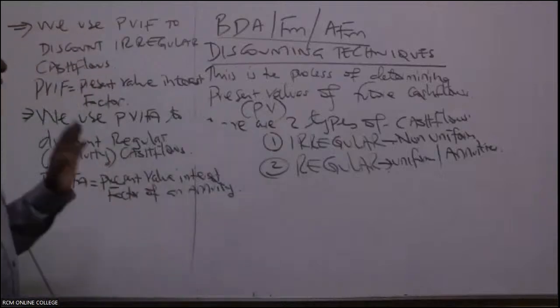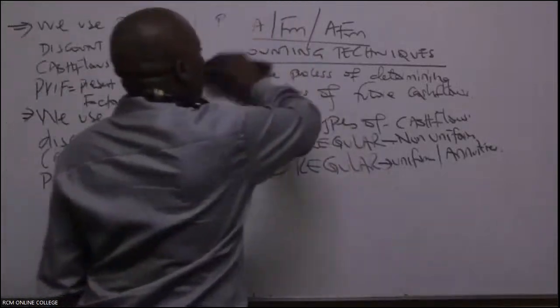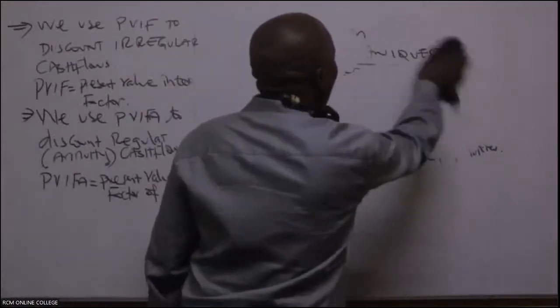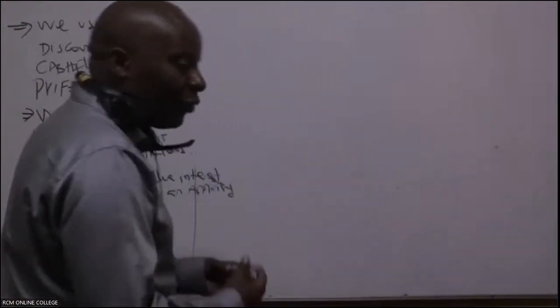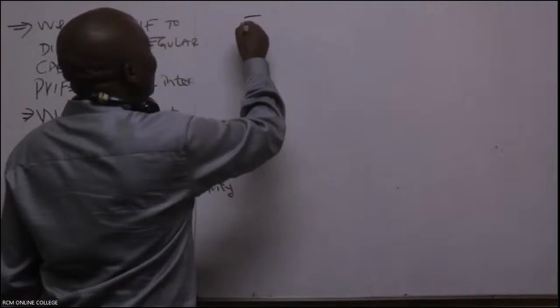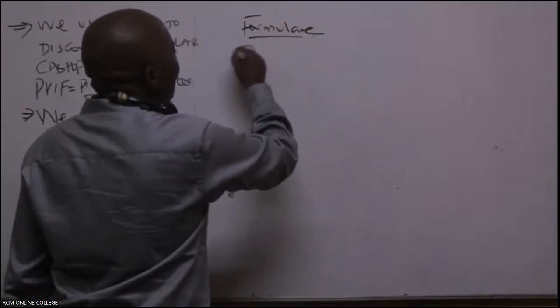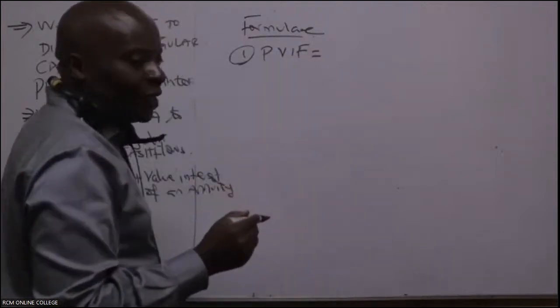Now I would want to go to this serious level where we talk about the formulae. The first one I would want you to appreciate is the PVIF. How do we get this PVIF? It is the easiest.